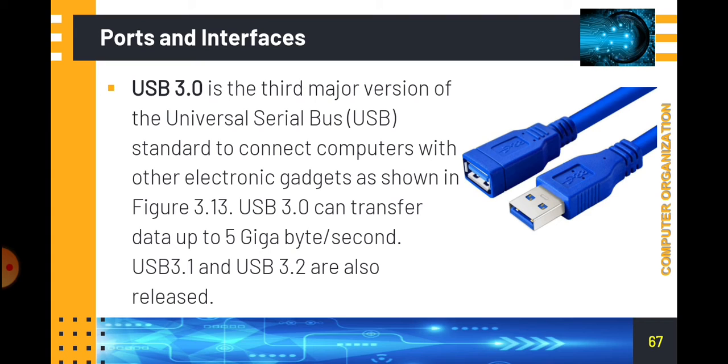USB 3.1 and USB 3.2 are also released. Nowadays we are using only this USB port in computers, because it is easy to transfer data and easy to access data from another device to your system.